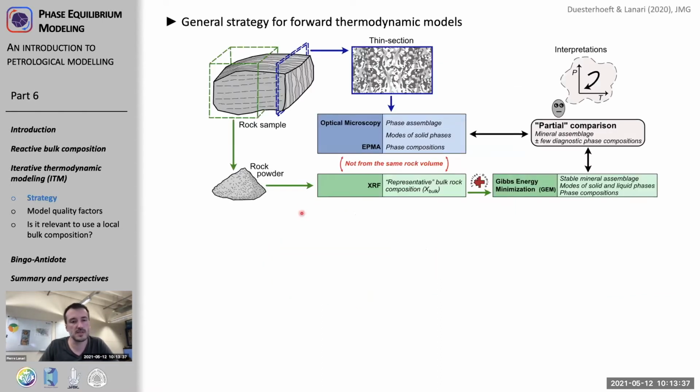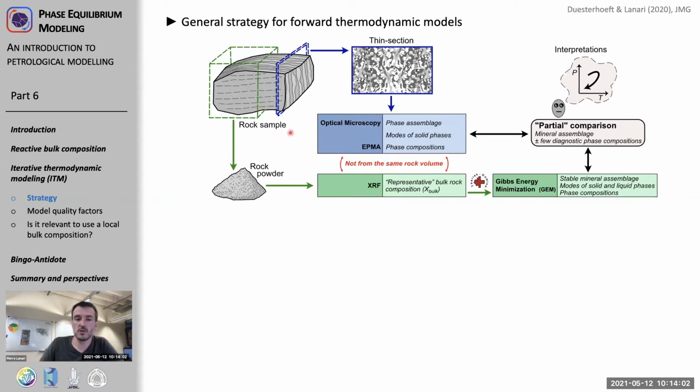But the problem is that if you want to apply that to a natural rock, you can't really use the bulk rock composition. And the reason is very simple. When you use a bulk rock composition in your model as the input of the Gibbs energy minimization, this bulk rock composition comes from rock powders, so you extract a part of your sample, crush it, make a rock powder, and analyze it by XRF.